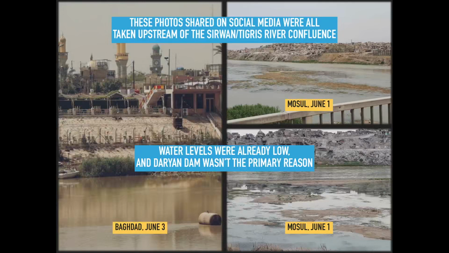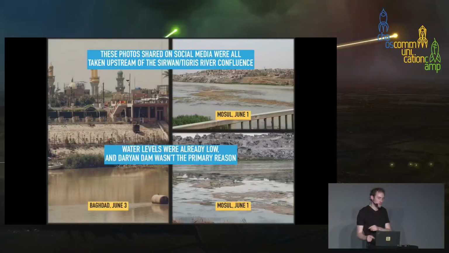Here's another kind of open source intelligence that you can use. These are images all taken from social media, and they all show different sections of the Tigris River in early June. Important facts about all of these images. They're all taken in areas that are north of the confluence of the Suwan and Tigris River.